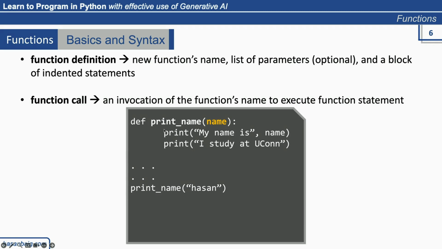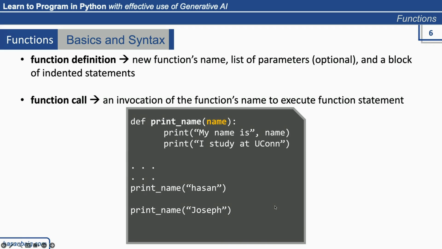So this is the function definition. You define the machine, define the function, and now you are calling this function. So in order to call a function, you just write its name and pass the parameter values. Here I'm passing a string value, my name, Hassan, and I'm calling the same function again and just passing Joseph as a different name.